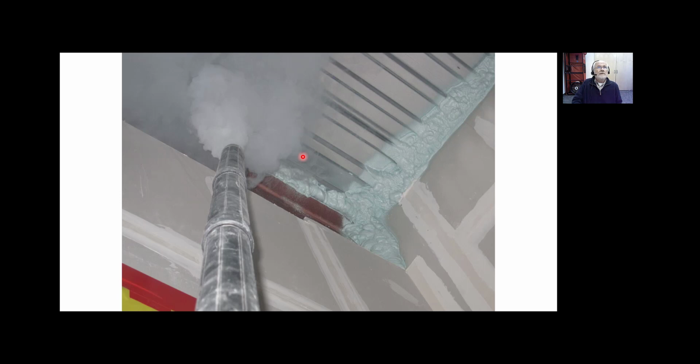There's just another shot of that showing that this is a lot of fog. This device will generate thousands and thousands of cubic feet of fog per minute, and allows you to fill up some pretty big spaces pretty quickly.